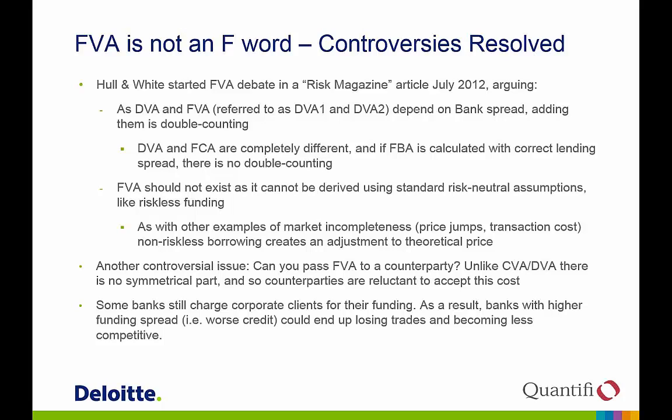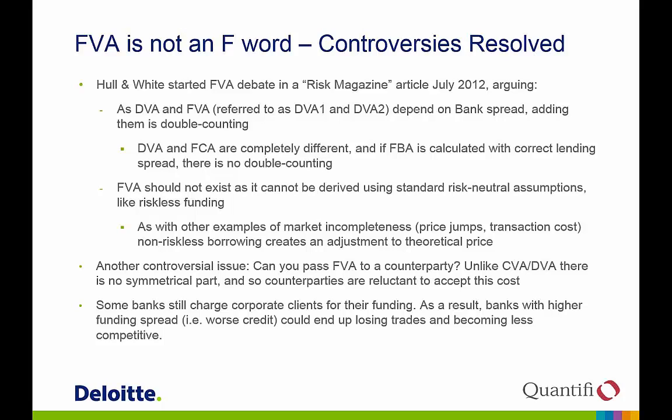Second argument, which Hull and White made, is that FVA shouldn't exist because it cannot be derived using standard risk-neutral assumptions like riskless funding. This is not the first example of market incompleteness or assumptions which are too idealistic to derive some theoretical formulas. We know that even with Black-Scholes, there are price jumps and transaction costs which are not taken into account.